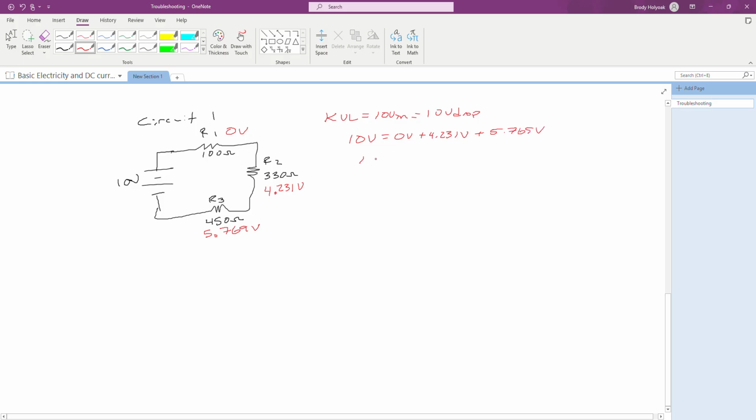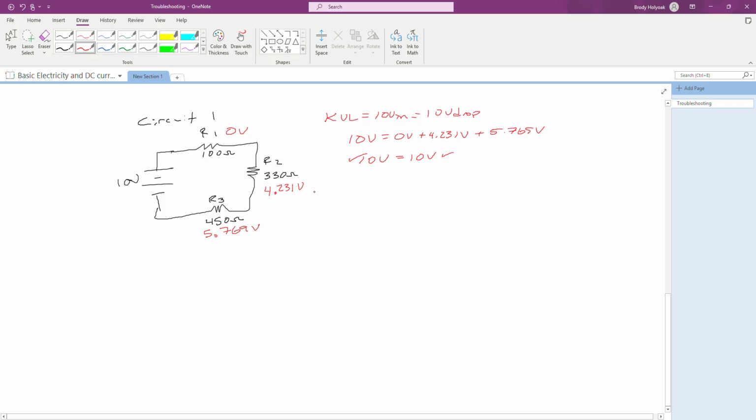If I add those together, I get 10 volts is equal to 10 volts. So I know that according to Kirchhoff, everything checks out. At least I know that I'm not losing that 10 volts somewhere else. It is all accounted for in this circuit. So that is actually really good.